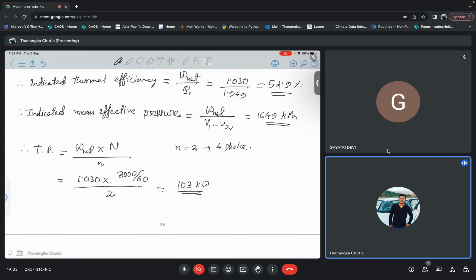Again we need to calculate the mean piston speed. We already know the mean piston speed formula is 2 into L into N, or 2 into S into N, whatever. This means twice the product of stroke and RPM. So put all these values: 2 into L. What is L?